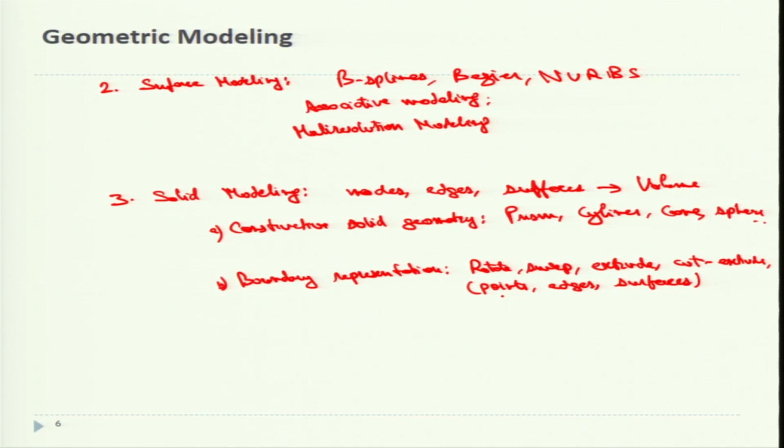Then creation of codes. These codes could be G codes or maybe for robotics. If robotics movements have to be given, those codes are generated. Then assembly simulation. These are all supported by the solid modeling type.